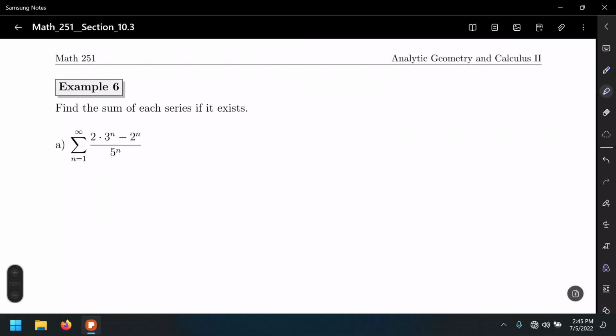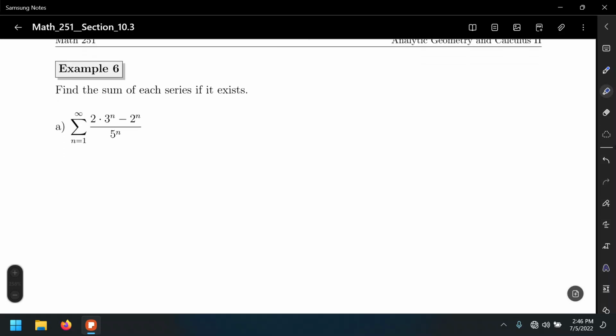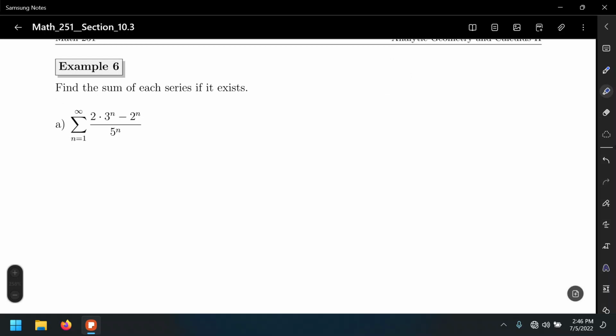So let's look at one example. Sigma n equals 1 to infinity of (2 times 3 to the n minus 2 to the n) divided by 5 to the n. Let's find the sum, in the case in which the series converge.